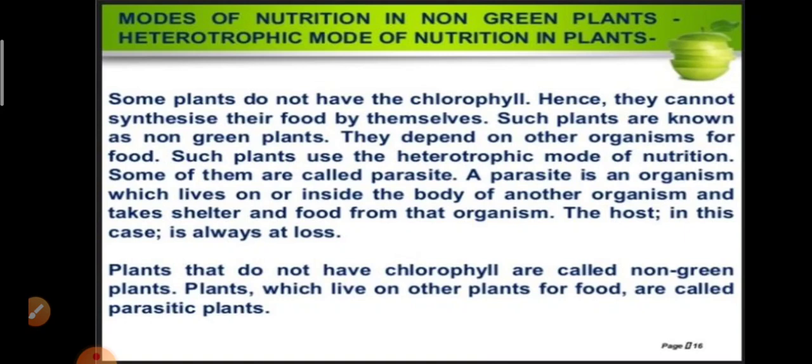The organism in which the parasite lives is called the host. Plants that do not have chlorophyll are called non-green plants. Non-green plants means those which do not have chlorophyll. The plants which live on other plants for food are called parasitic plants.